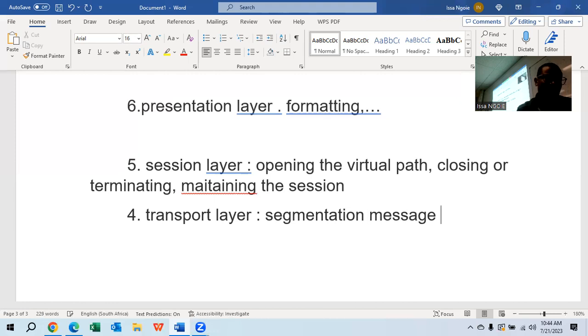Or message controller, I don't know what I'm gonna say, but you're gonna understand. Controlling the size of the message. You know, guys, when we are communicating using our network, there is a maximum size of every message, and there is the minimum size. The network will say, every message must tend to be more than this size.